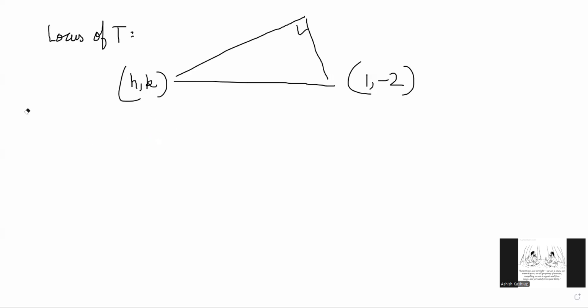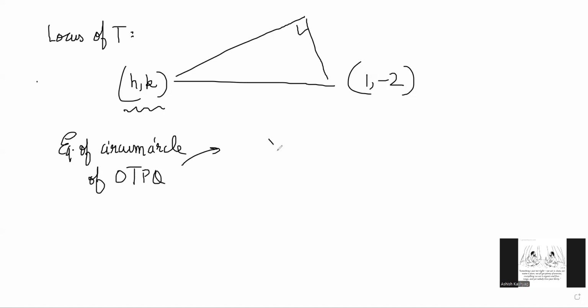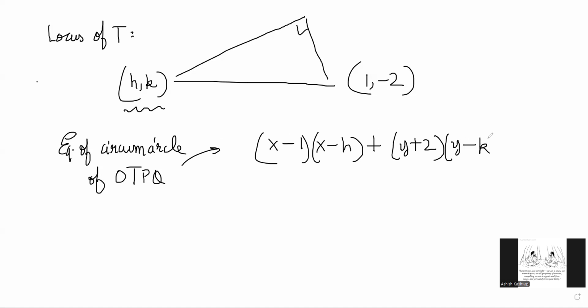The equation of this circle on which h comma k lies will be, I am writing the equation of the circumcircle OTPQ. The circumcircle of OTPQ would be x minus 1 times x minus h plus y plus 2 times y minus k is equal to 0. This is the circumcircle equation in diametric form.